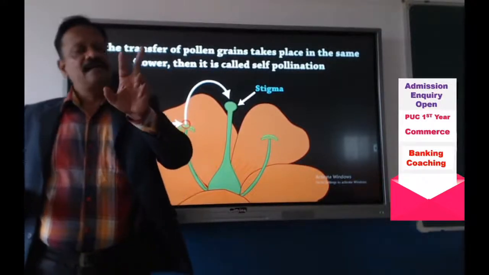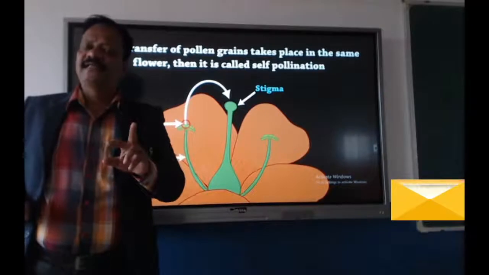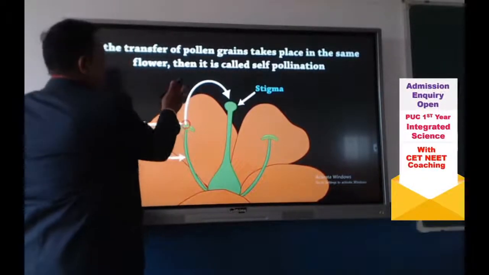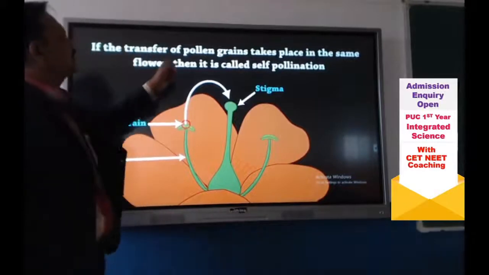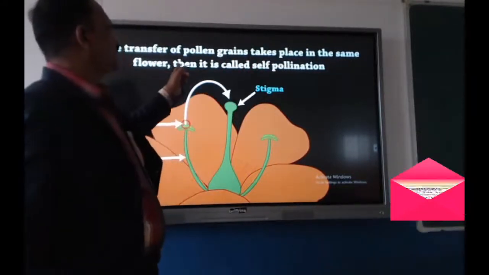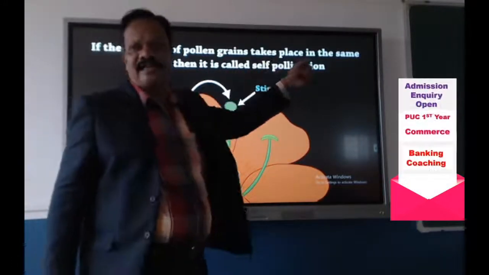Self-pollination is among the same flower. Cross-pollination is among two plants of the same species.